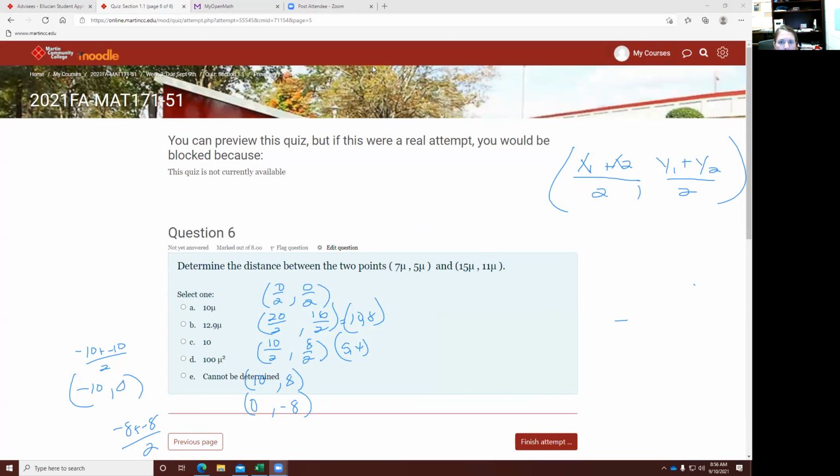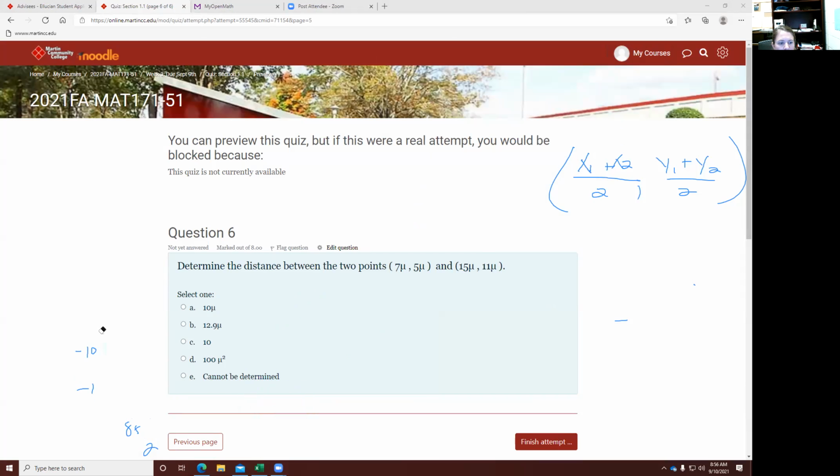This was another mu question. A lot of y'all missed these. I'm guessing just because the symbols threw you guys off, but really just treat the symbols just like they were numbers. Determine the distance between these, okay? Again, the distance formula. x2 minus x1 squared plus y2 minus y1 squared. Square root over all of it.